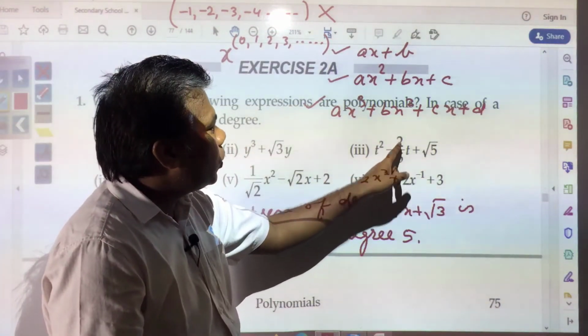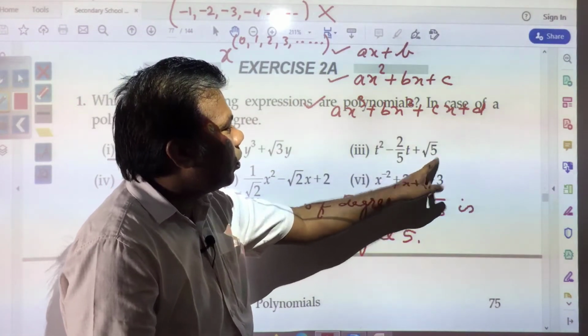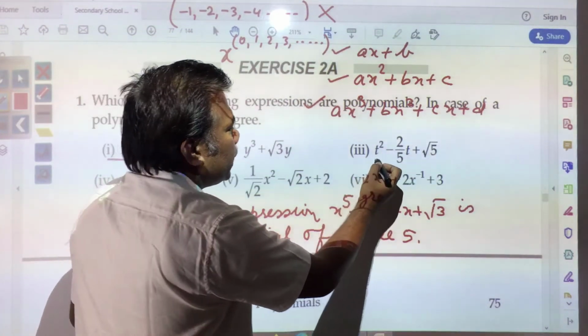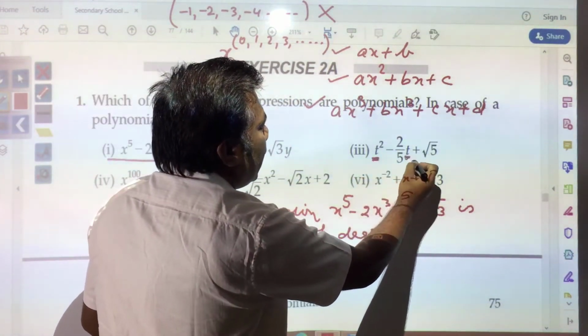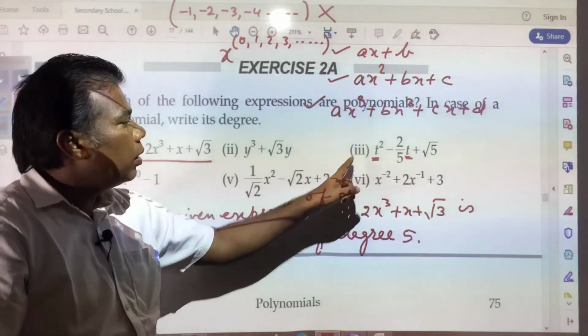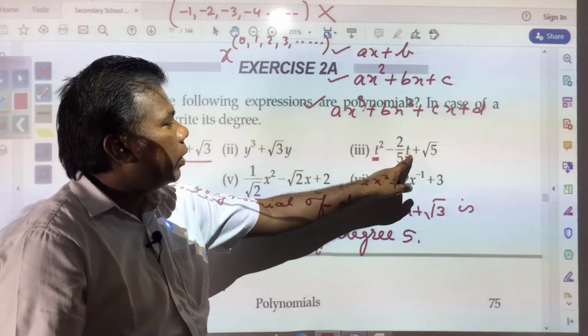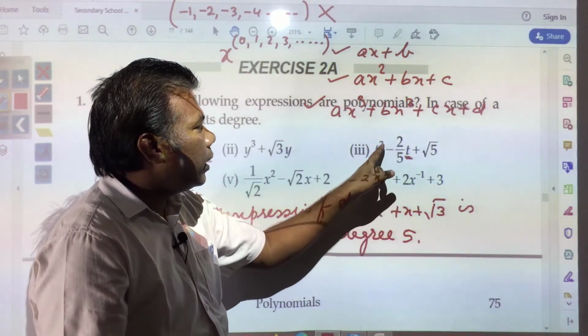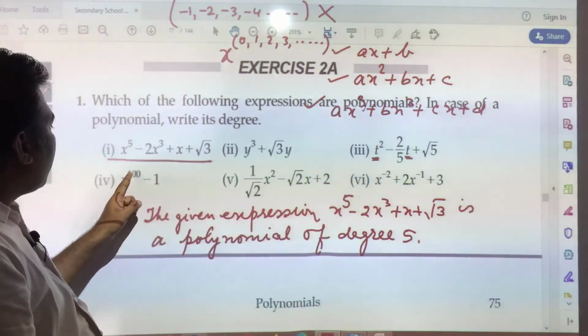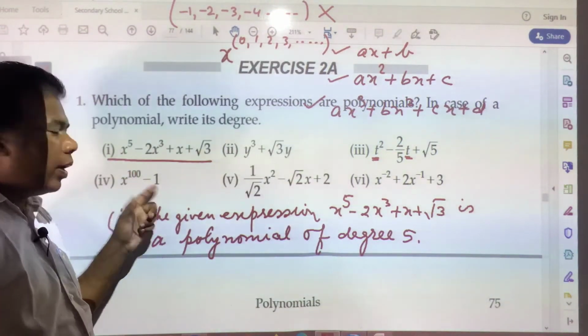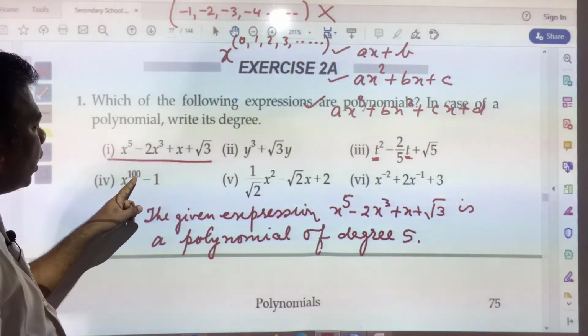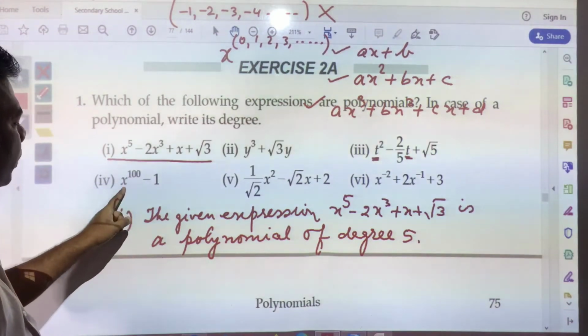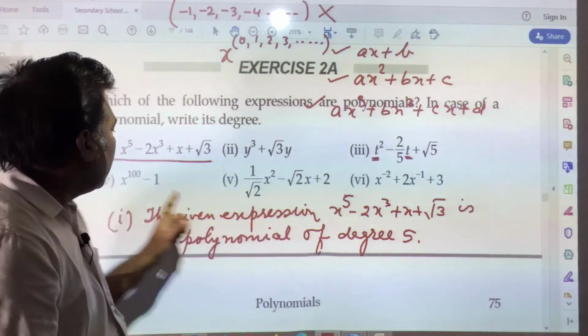T square minus 2 by 5 t plus root 5. Again here you see t square, the variable is t and the power is a whole number, t to the power 2 and t to the power 1. So, this will be a polynomial of degree 2. X to the power 100 minus 1, variable x, degree 100. So, this is a polynomial of degree 100.